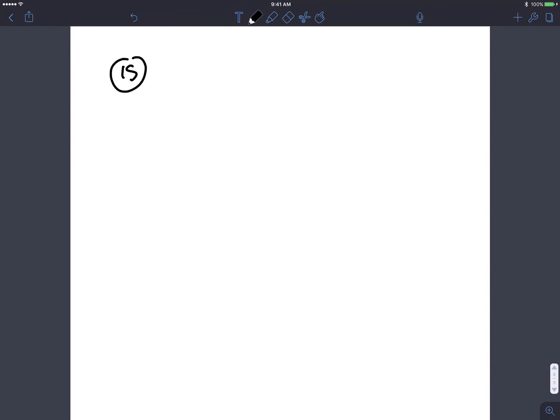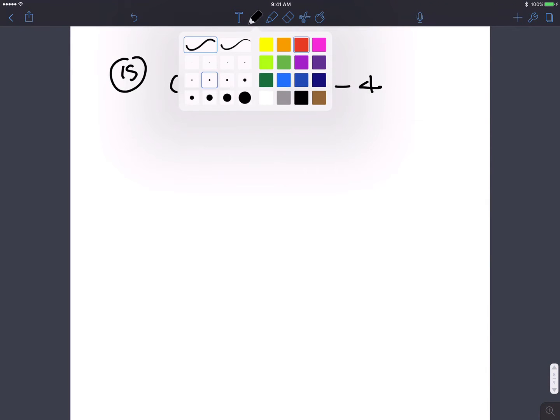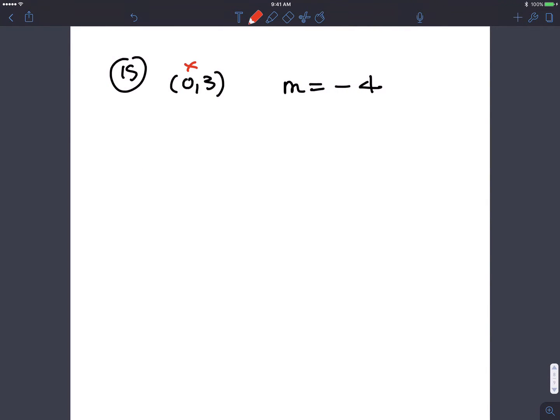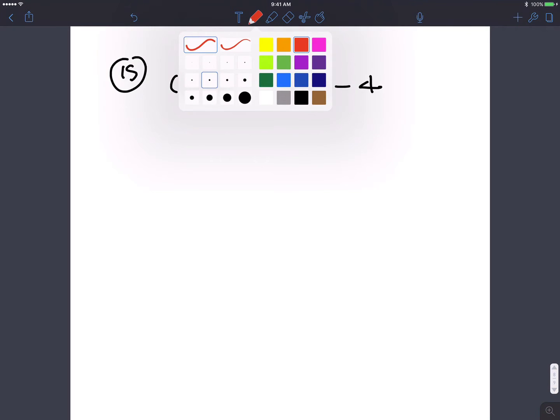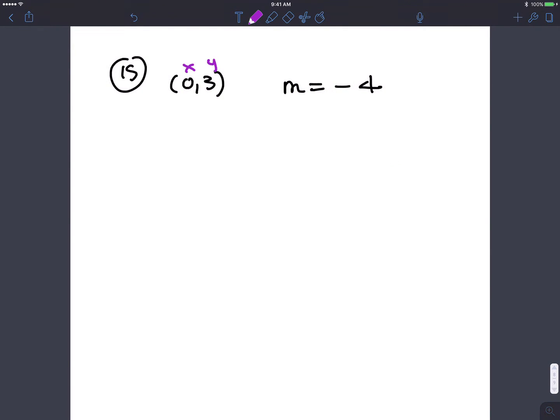Number 15. 0, 3 is our y-intercept, and our slope is negative 4. X coordinate value and the y coordinate value. Notice again, we're going to go through the y-axis at positive 3.